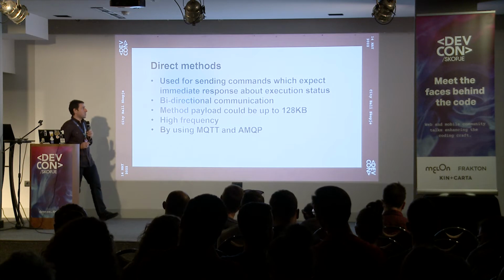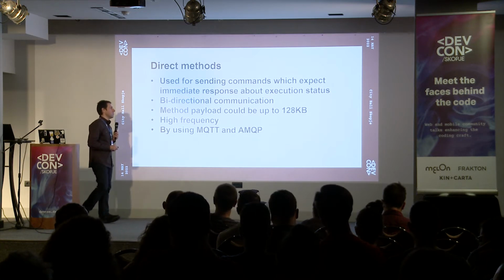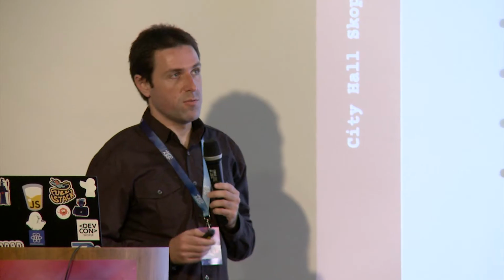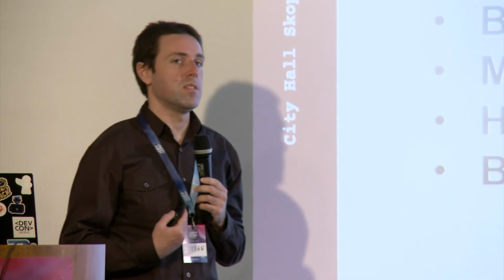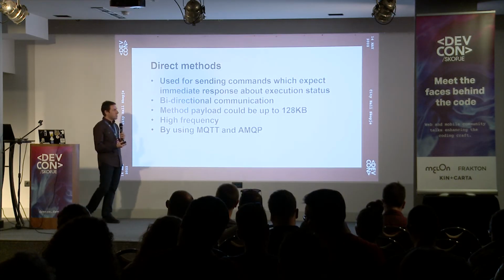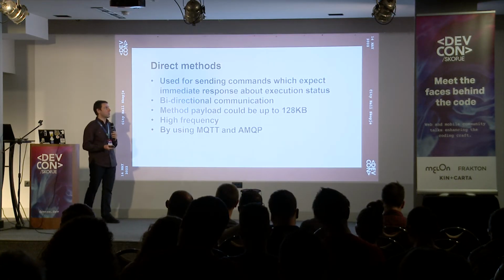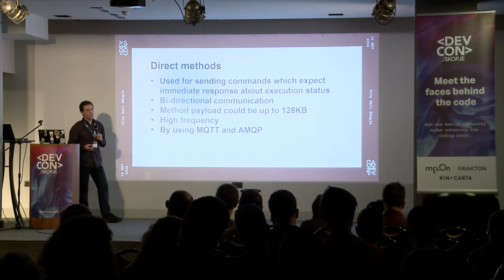The direct method is quite important for using the provisioning also. It could be used because we must initiate something and we need to get feedback on whether it started or failed immediately, and the timeout for waiting we can configure.